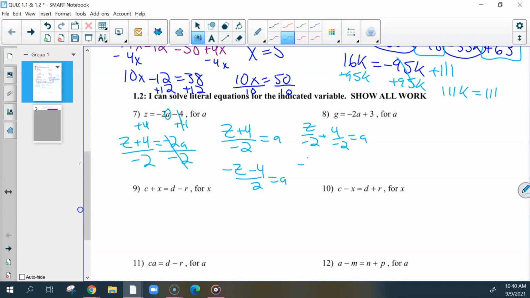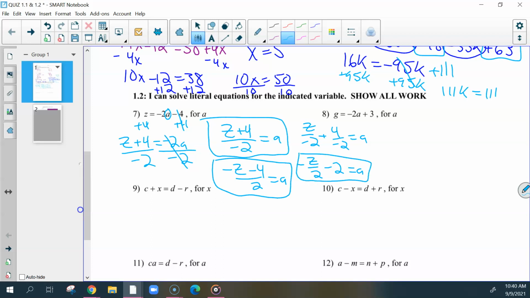So this would just become -z over 2 minus 2. That would have been an acceptable answer. Many of you did the first one, and that was fine. But if you did any of those 3, that would have also been fine.